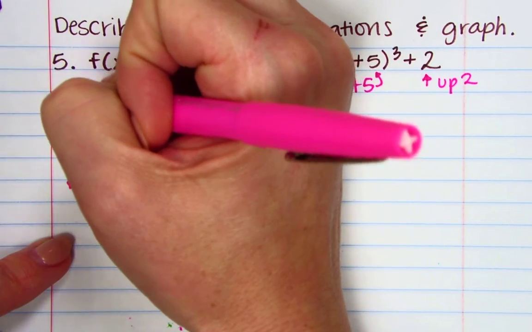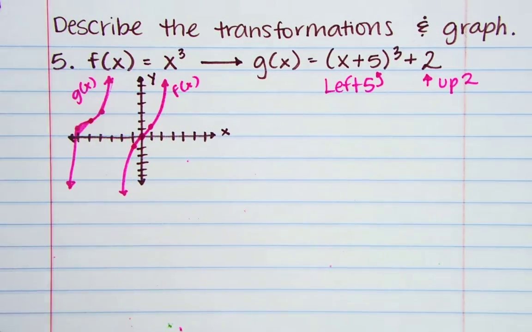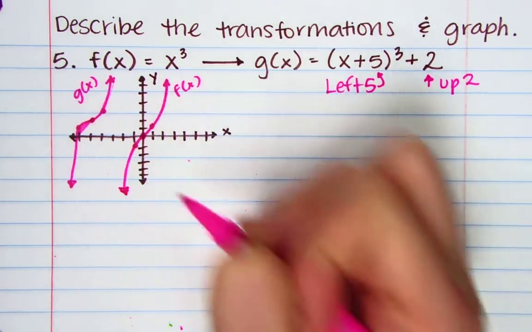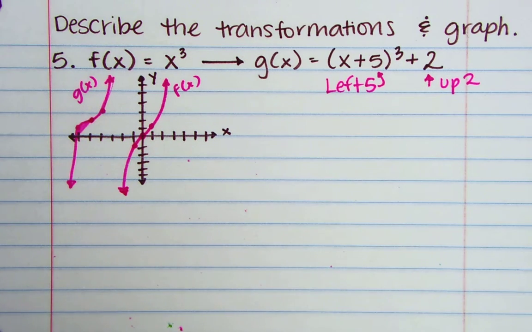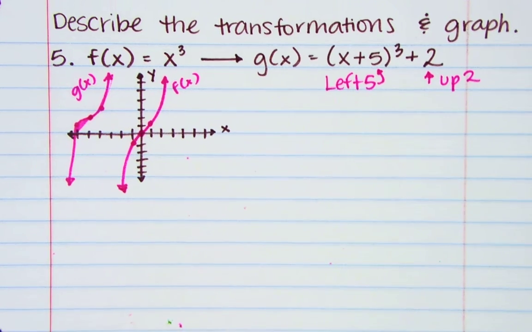I'm going to label that this one's g of x, and this is f of x. Anybody have any questions on that one? We're going to do 2 more with graphs, and the rest will just describe the transformations.